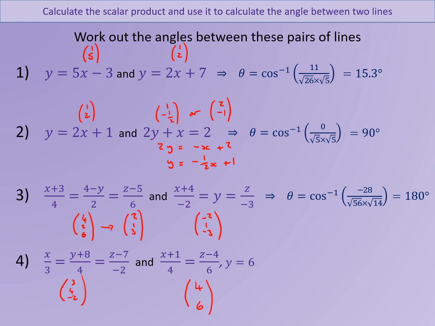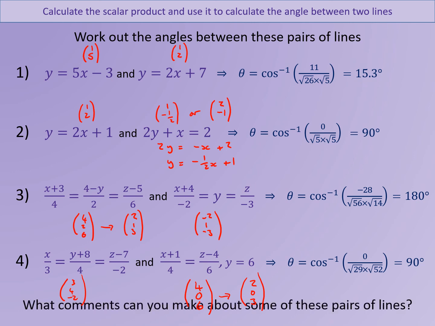And because the equation just uses y equals 6, that tells us that the direction is 0 in the y direction. So 4, 0, 6 is a potential direction vector. We could simplify this down to 2, 0, 3. We can then find the angle between those two lines using the formula. Again, we get a scalar product of 0, leading us to an angle of 90 degrees.